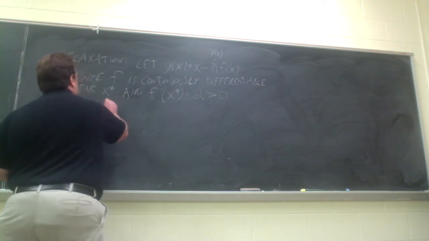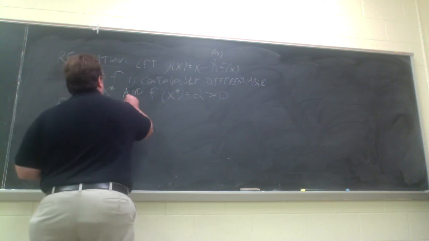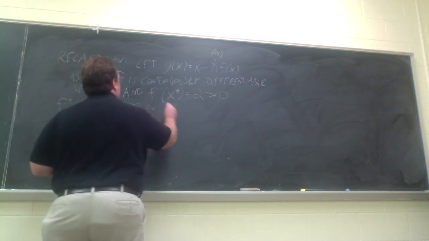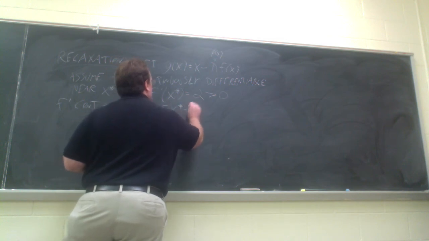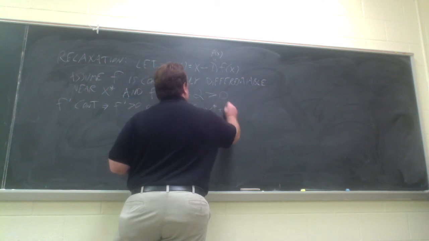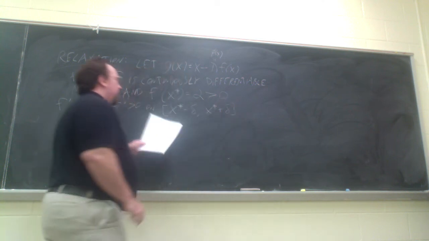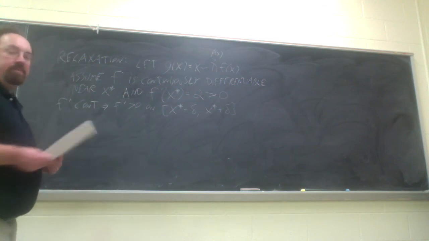So because it's continuous, we can say that f prime is positive on an interval that is centered at x star and has some radius delta. So in this interval, x star minus delta, x star plus delta, f prime is positive.